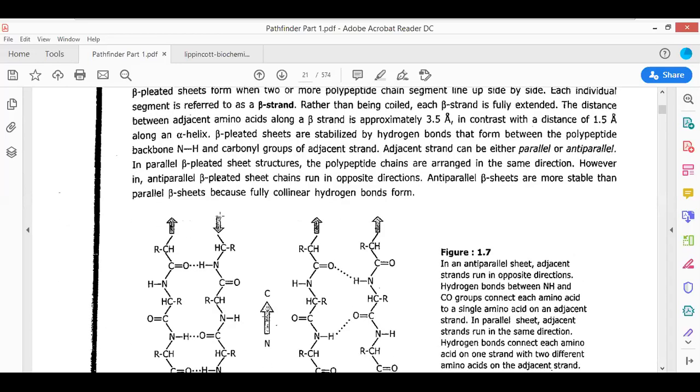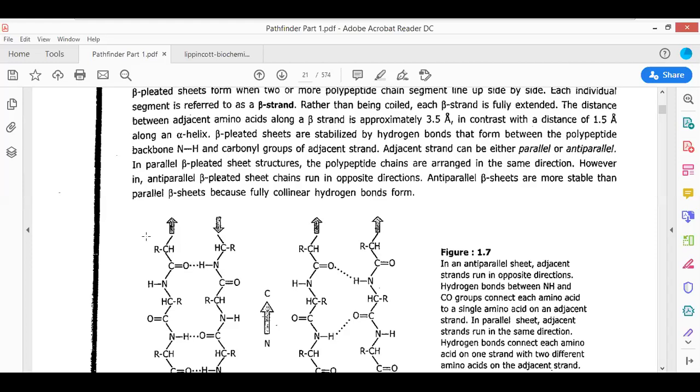Third type of question: which is more stable, parallel or anti-parallel beta pleated sheet? Anti-parallel beta pleated sheets are much more stable than parallel ones, because in anti-parallel beta pleated sheet structures, full collinear hydrogen bonding occurs.